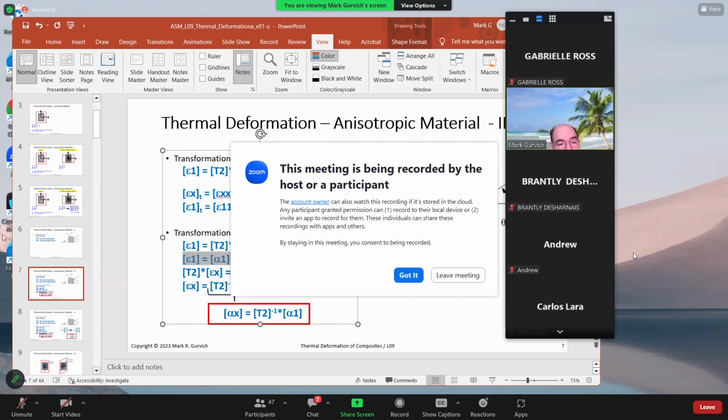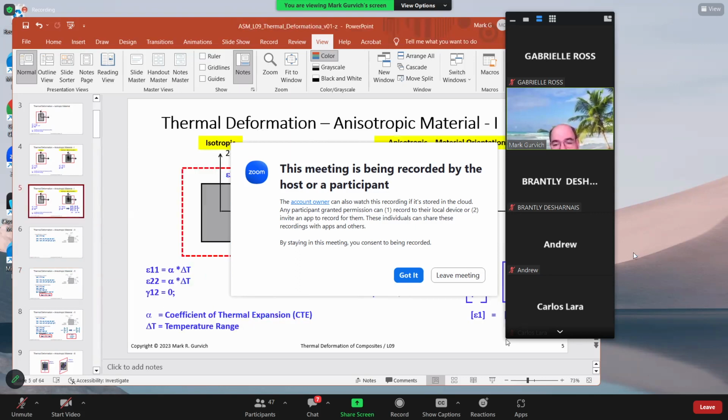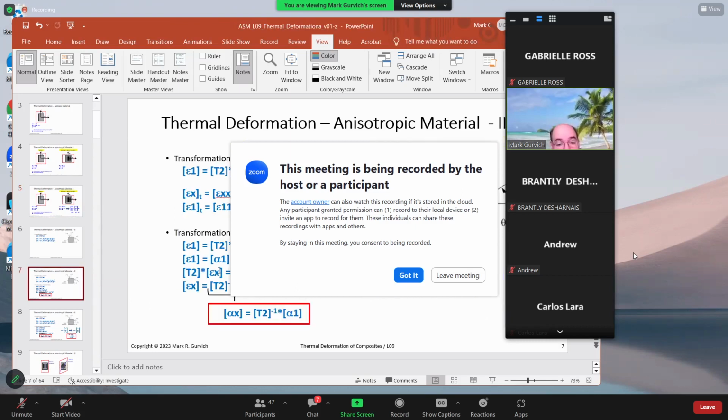This was the equation at the bottom: we know how to define epsilon 1 as a function of delta t. So now, instead of epsilon 1 here, we put this equation. So we're putting in matrix T2 transformation multiplied by epsilon x, and we receive this next level of equation.